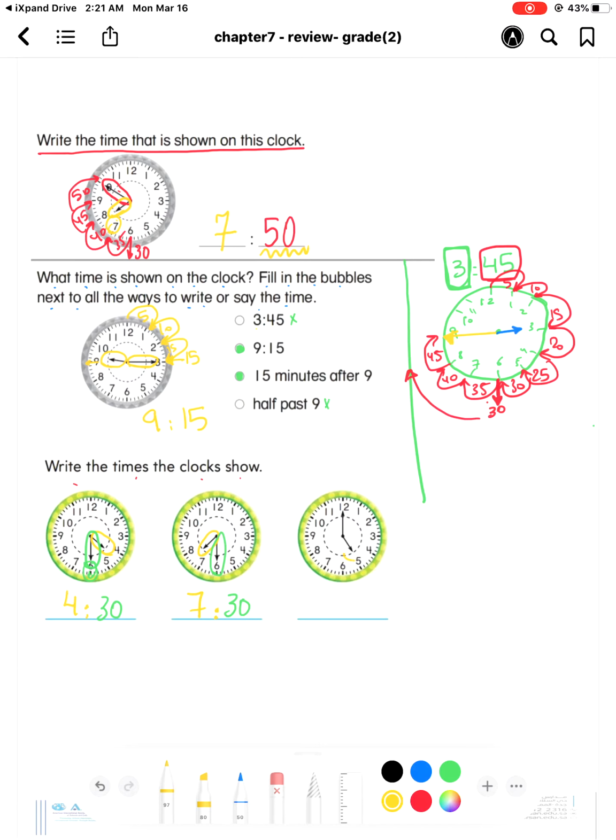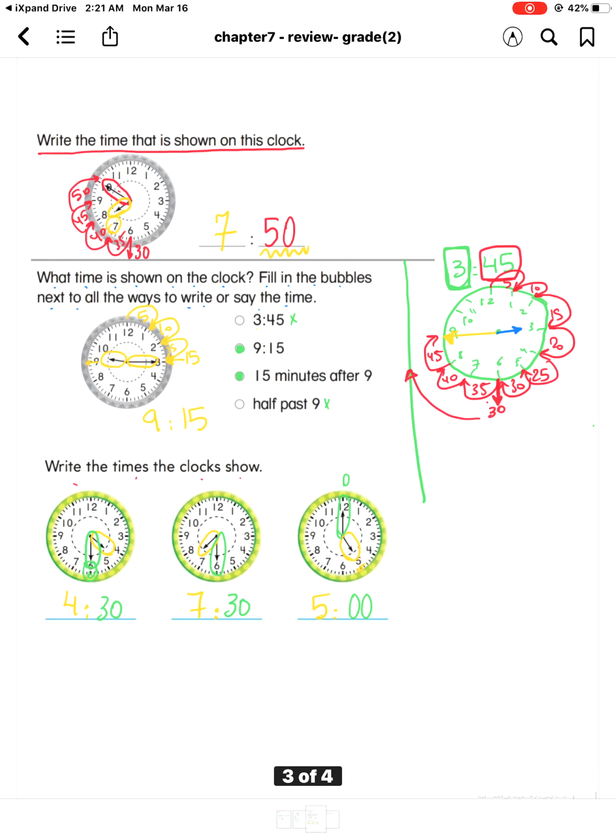Here the hours hand is at 5, so it's 5 o'clock. And the long hand here is at 12. And as I told you before in our class, when the minutes hand or the long hand is at 12, it means 0 minutes. So it's 5 o'clock.